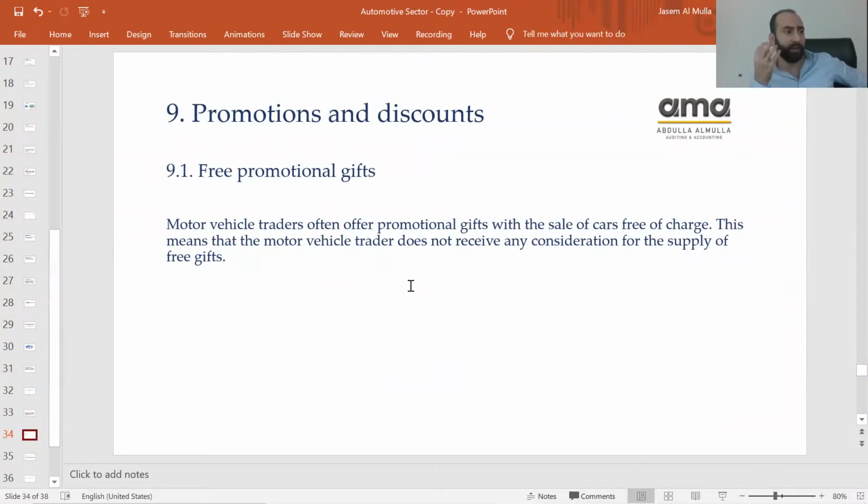So here, where the motor vehicle trader recovers input tax on the purchase of the gift and in turn supplies such a gift free of charge, the free supply will be subject to the deemed supply. However, if the motor vehicle trader does not recover input tax on the purchase of this gift, the deemed supply provision will not apply.